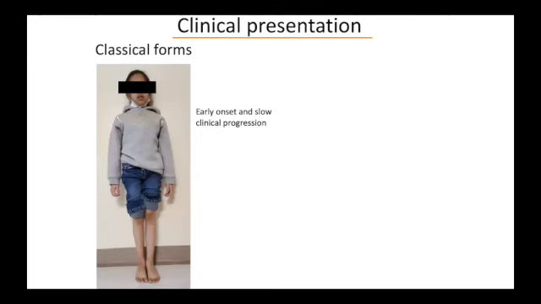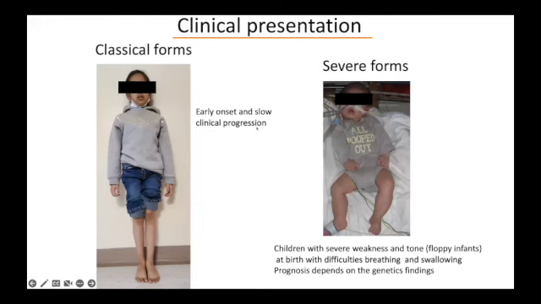Although you have different genes, you tend to have two main phenotypes or clinical pictures. One is the classical form with an early onset and slow clinical progression, and the other is a more severe form, with children with severe weakness and low tone, what we call floppy infants. You might have heard about it. They are born with difficulties breathing and swallowing, and prognosis depends on the genetic findings.